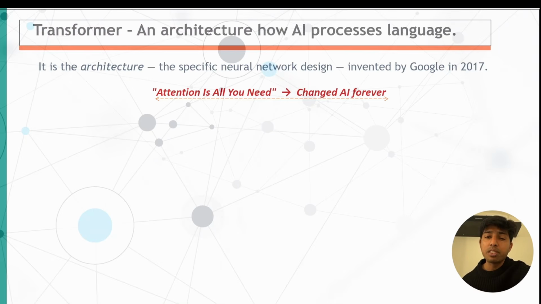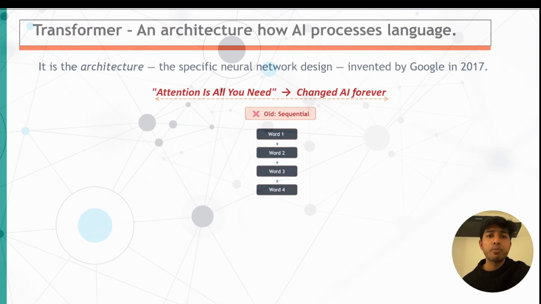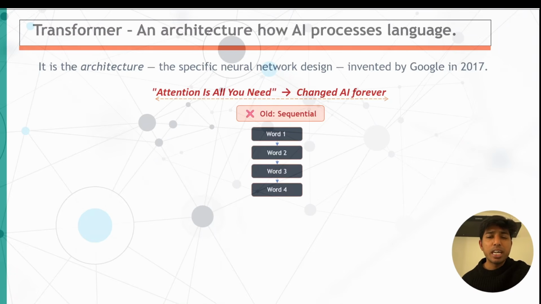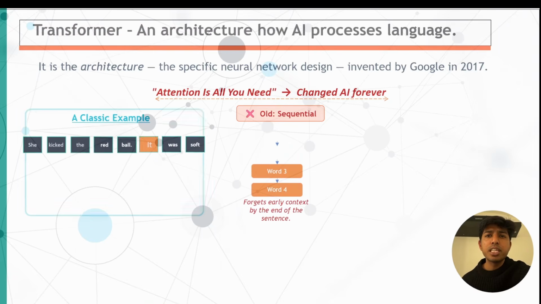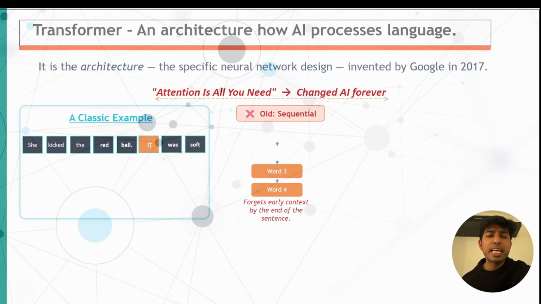It looks at your input and makes a best guess. That's what AI is. However, before 2017, AI was very, very bad at it, especially with language. It processed words one by one, sequentially. By the time it reached the end of the sentence, it had already forgotten the beginning.